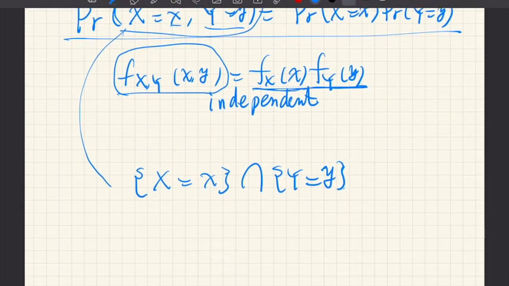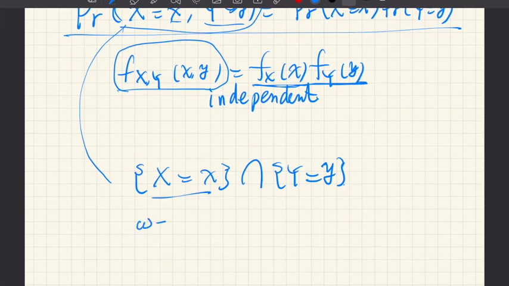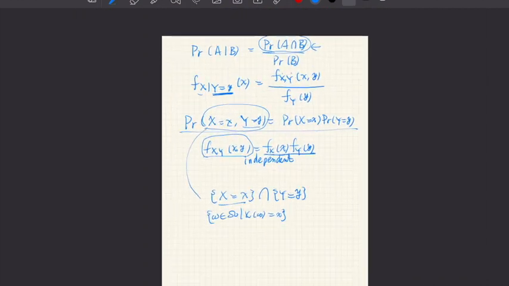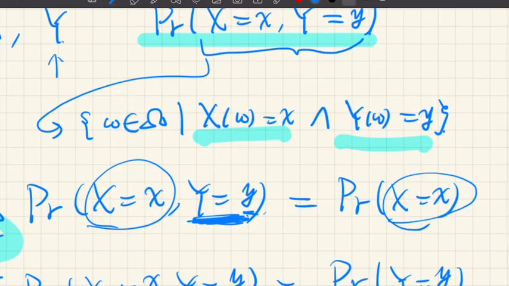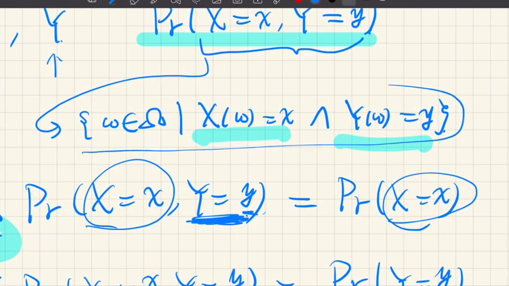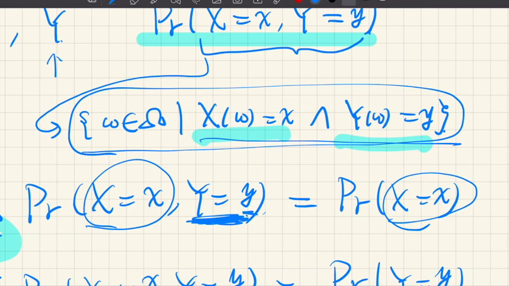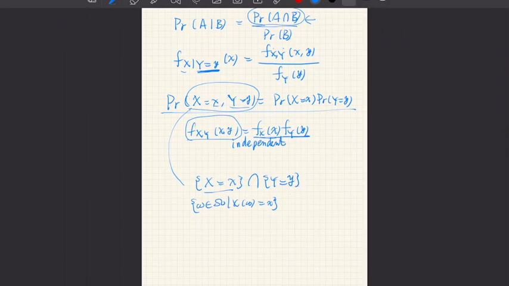Of course, this event means this omega such that x is x, and similar for y. Remember the definition of intersection? This is exactly the intersection between this event and this event. So it's basically the same thing.